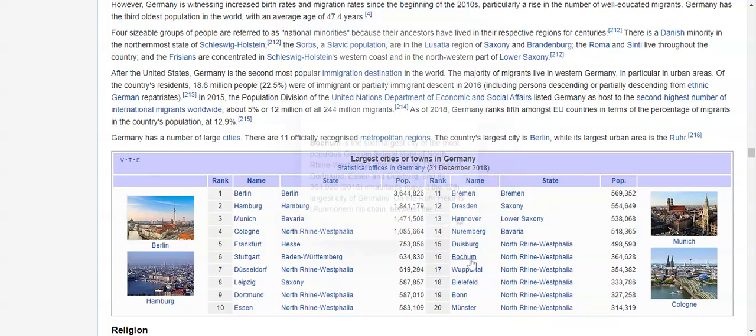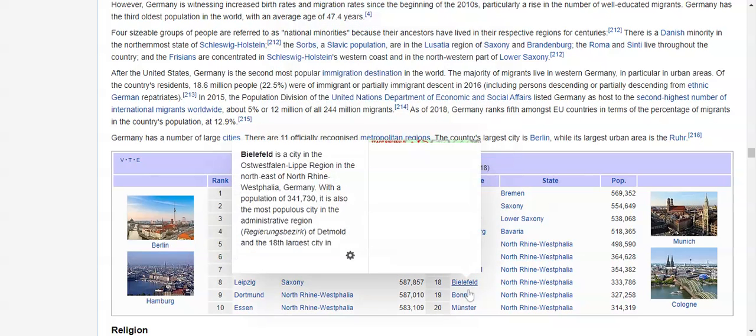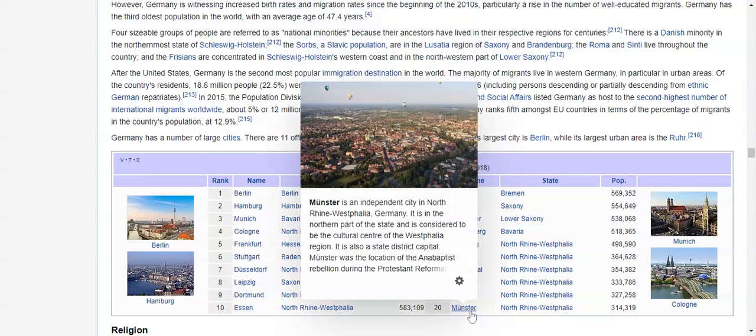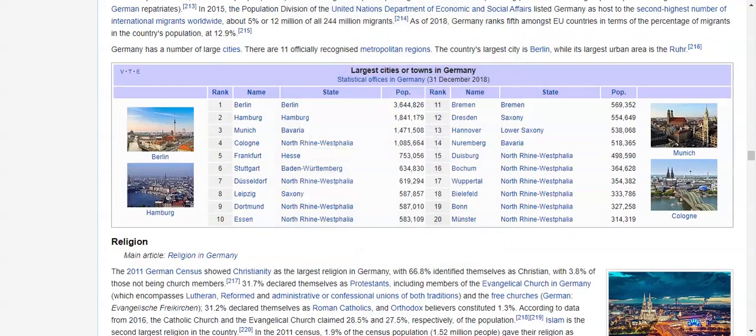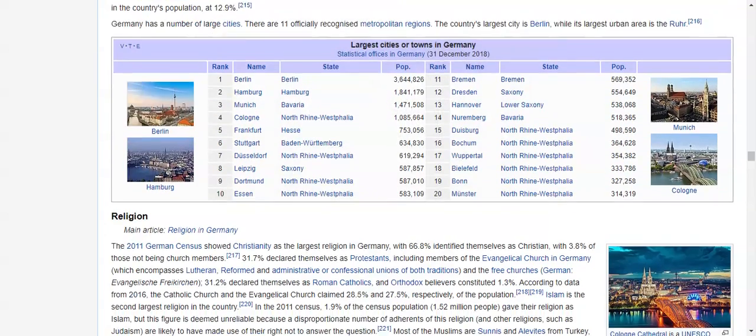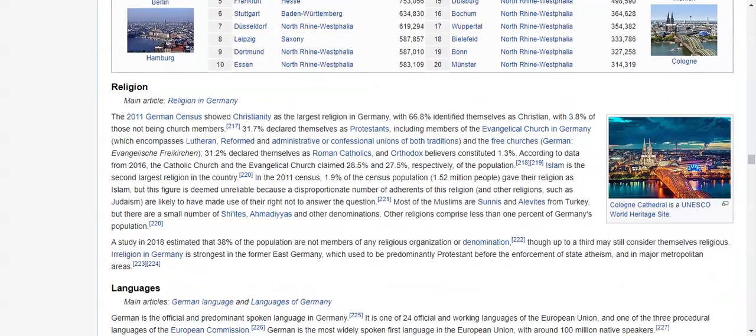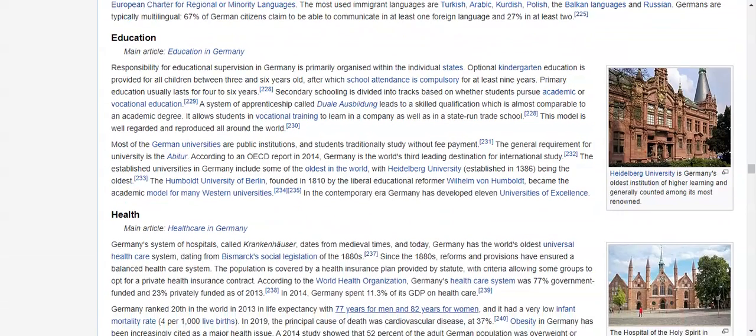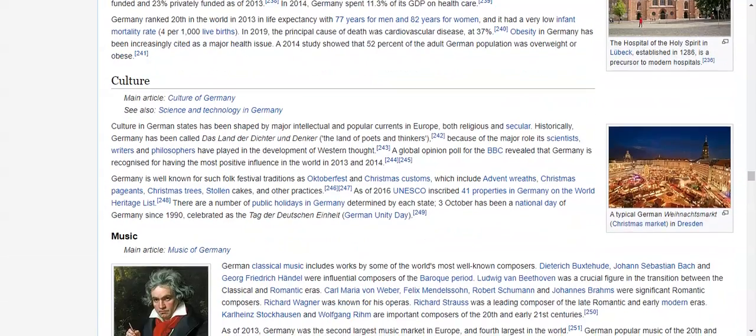I'm not gonna say the names again. Bochum, Wuppertal, Bielefeld, Bonn, Münster. Yeah, I guess Nordrhein-Westfalen is doing pretty well.